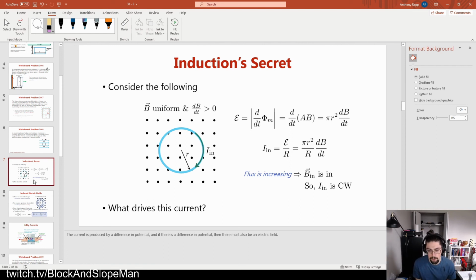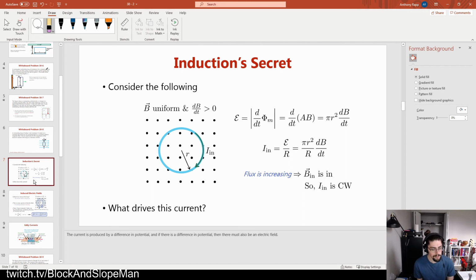We keep talking about this induced current and this induced potential. But if we think back to when we first started talking about wires, what is current, and what actually drives the current?